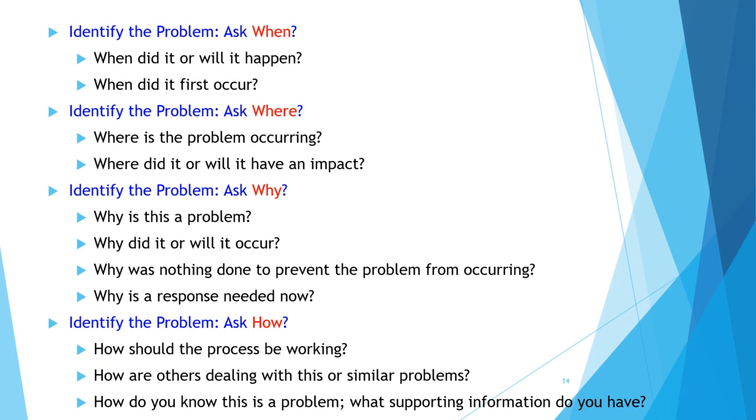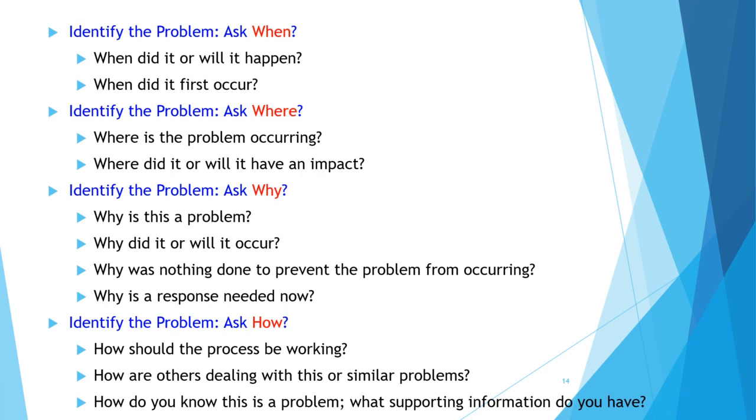Ask why is this a problem, why did it or will it occur, why was nothing done to prevent the problem from occurring, why is a response needed now. And then how should the process be working, how are others dealing with this or similar problems, how do you know this is a problem, and what supporting information do you have.